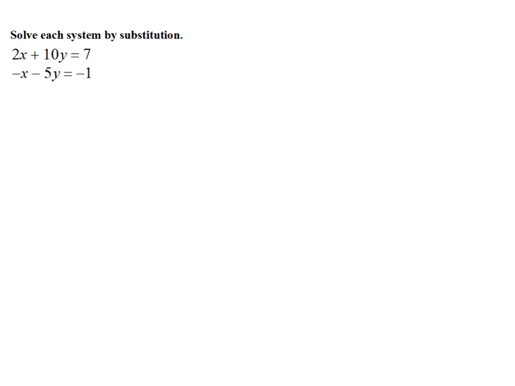In our next example, our two equations are 2x plus 10y equals 7 and negative x minus 5y equals negative 1. Now again, we have to choose a variable to get by itself. In this case, since the negative x has the smallest coefficient, that's the one we want to solve to get by itself.